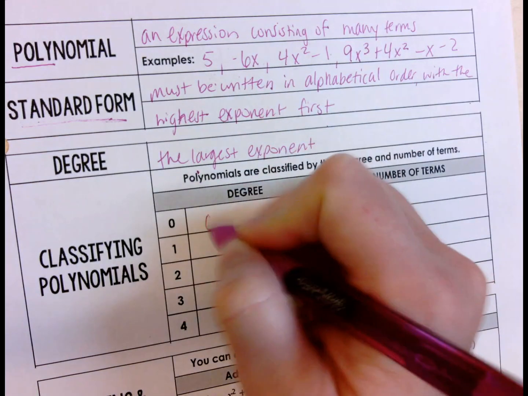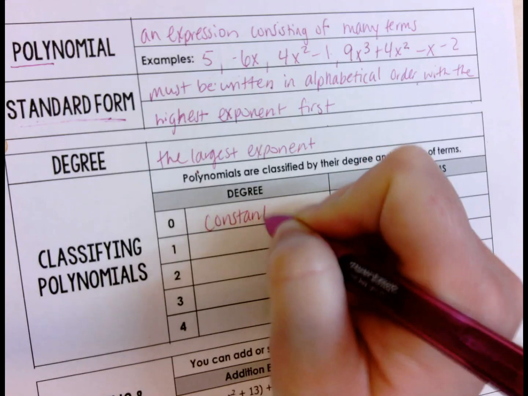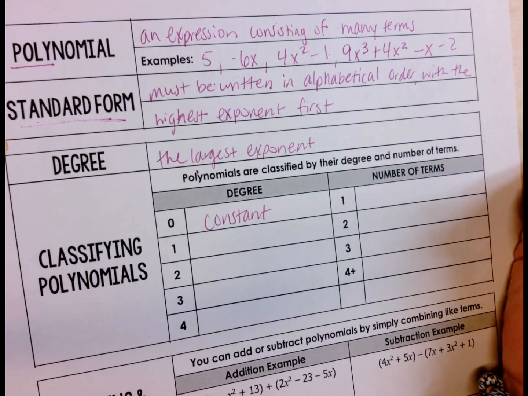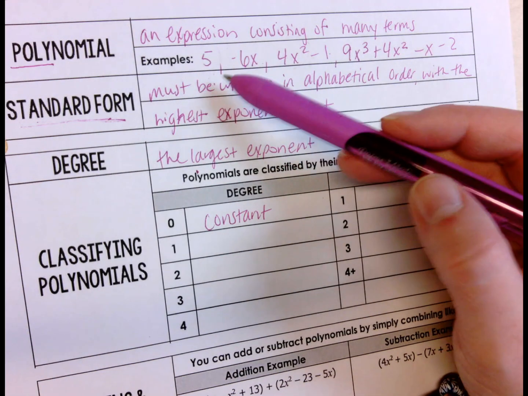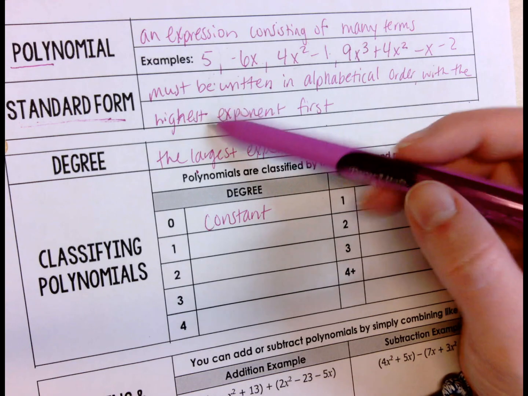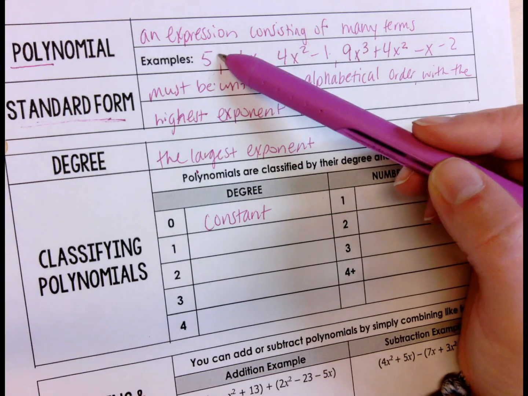We call that a constant. There is no degree, and what would my constant mean? It's just a number. There's no variable there, there's no exponent, so we call it a constant, okay?